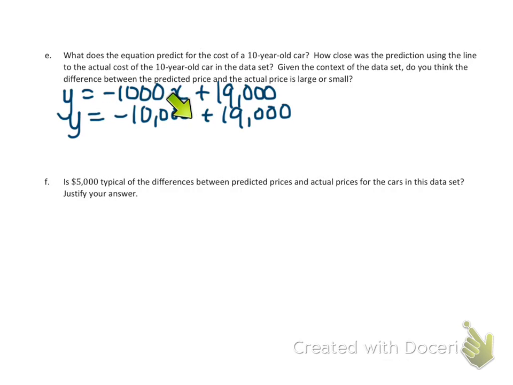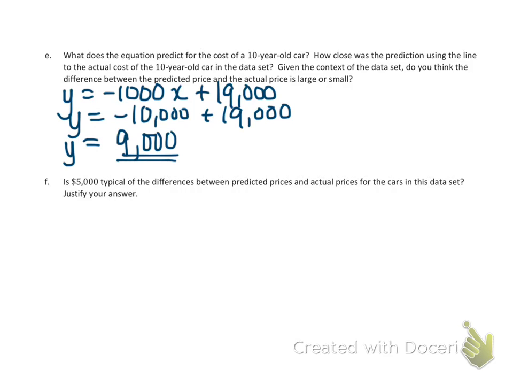So this is the amount that the car is going to lose. So the value of the car, y, is equal to 9,000, according to our line of best fit, or our prediction line. So the car should sell for 9,000, but the car actually sold for 4,000 or thereabouts.